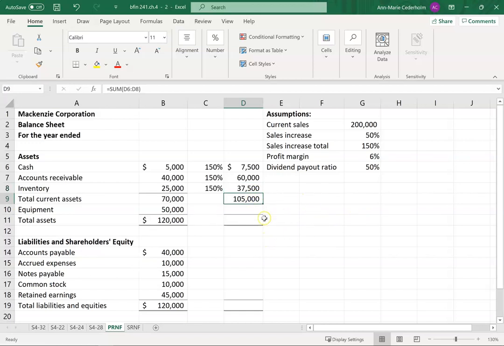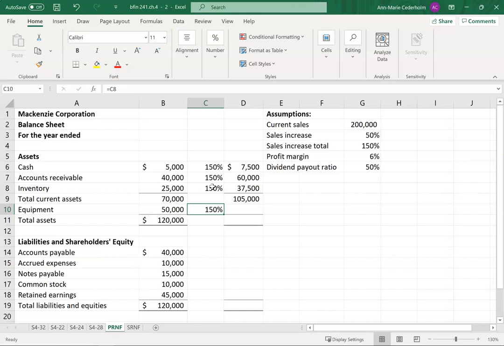So I do have a bit of a problem with equipment. If I actually need to buy new equipment in order to support this 50% sales increase, then I'll increase my equipment 150%. If I can use the existing equipment in order to support a sales increase of 50%, then I won't need to increase my equipment.